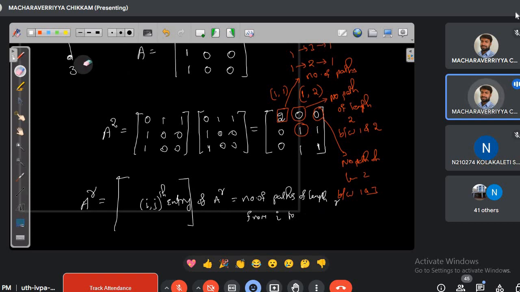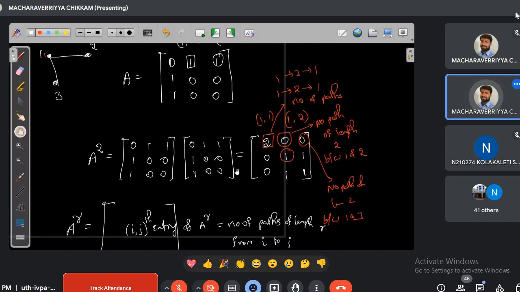Do you understand? So the entries in A power r represent the number of paths of length r from i to j. Here the 1 1 entry is 2. It means there are two paths of length 2 from 1 to 1. And you can see that the 3 2 entry is 1. It means there is exactly one path of length 2 from 2 to 3 or 3 to 2.